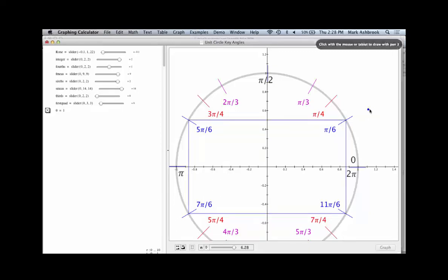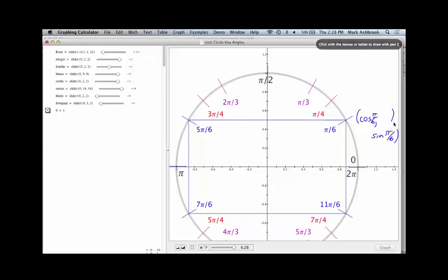What's our x-coordinate? How would we write an expression for the x-coordinate? Jaden? Cosine of pi over 6. And the y? Sine of pi over 6.